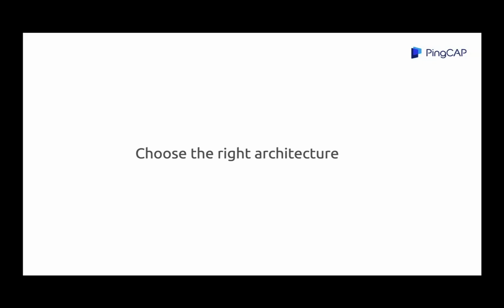I think choosing the right architecture is the key reason why we can evolve so rapidly. And keep rolling. Obviously, with all the new technologies, there's no silver bullet to solve all the problems. You have to change the product to meet the user requirements.